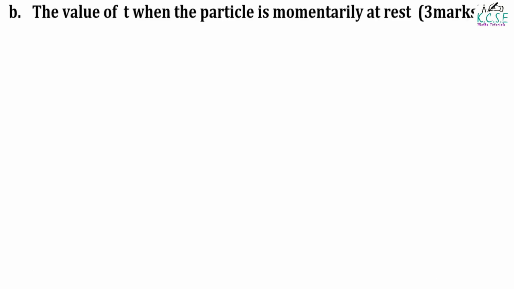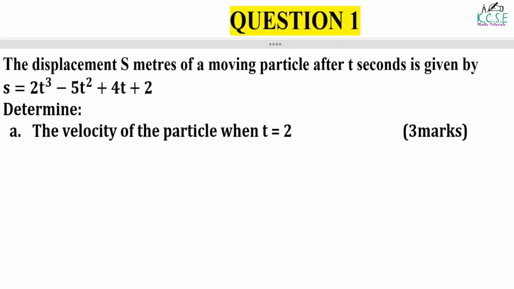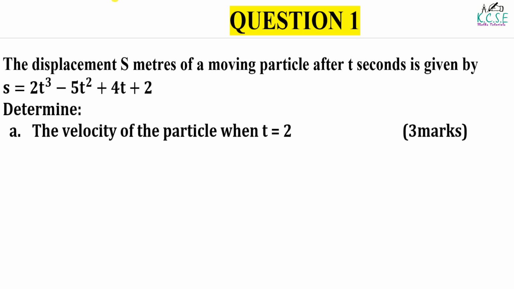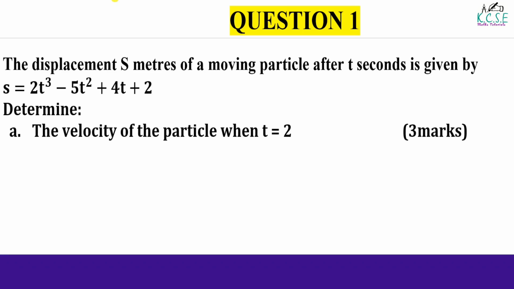So let's go to the first part of the question. The first part, the velocity: we are supposed to determine the velocity of the particle when t is equal to 2. So given the displacement and required to get the velocity, this is how we get it. Velocity is obtained by differentiating displacement with respect to t.